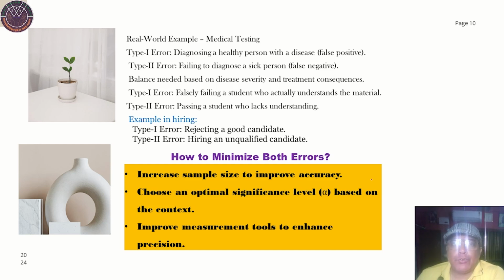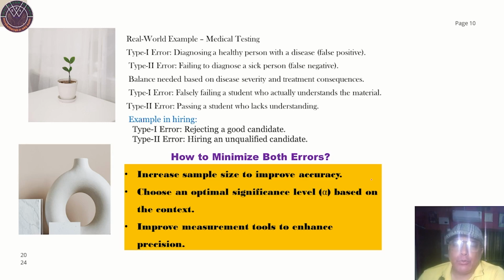In reality, if a person reads a particular material and understands it, then they will pass. But if you fail that particular student, saying that by reading that material he is failing, that is type 1 error, because if he understands, he should pass. In reality he understands the things and passes.